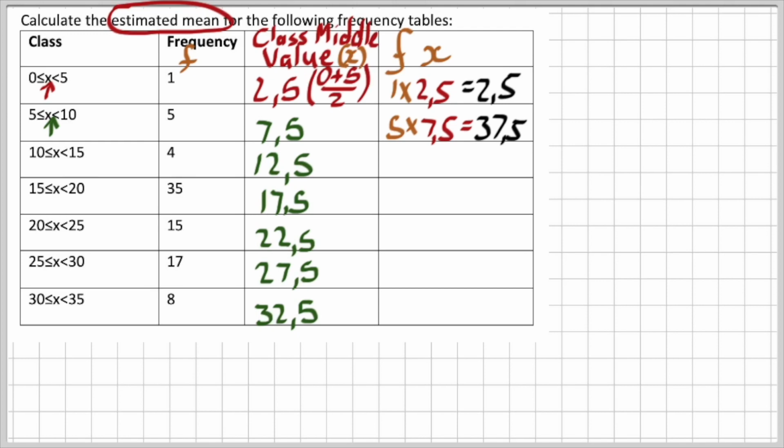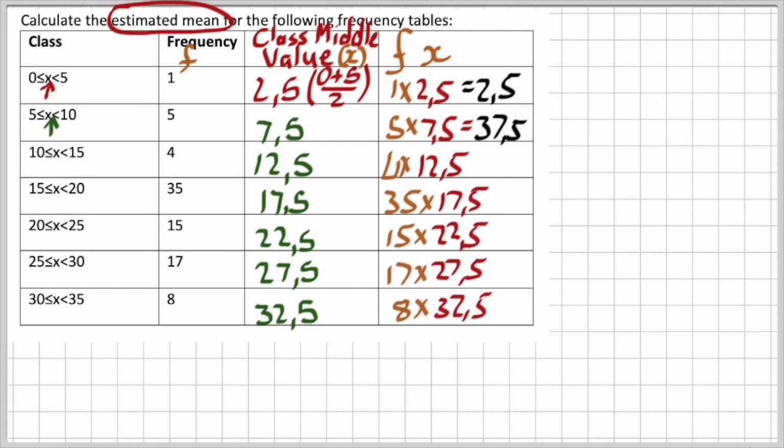So I'm saying the frequency multiplied by the class middle value. Simple and straightforward. I'm going to repeat this process with all of the different rows. I'm assuming there are 4 12.5s. There are 35 17.5s.